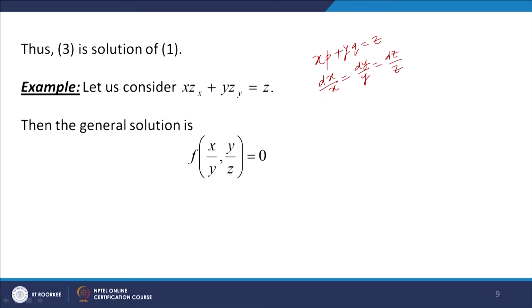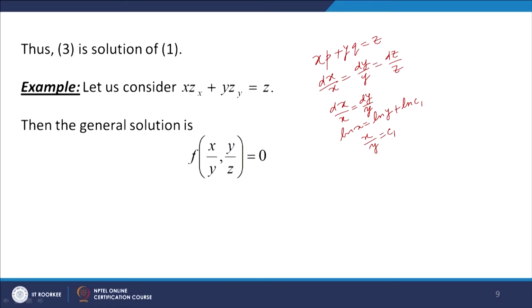Now, solving, there are two independent relations. So, dx by x equal to dy by y gives us ln x equal to ln y plus ln c1. So, we get x over y equal to c1. So, this is one solution.